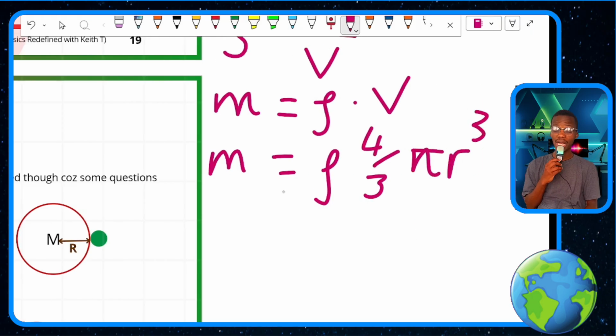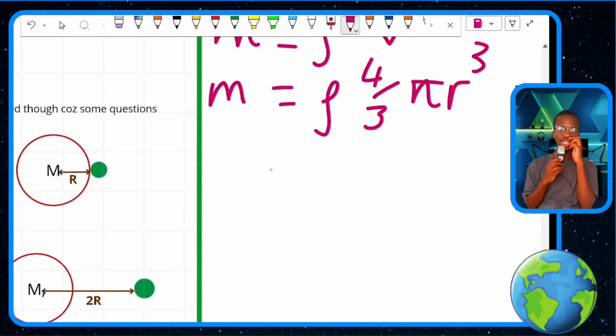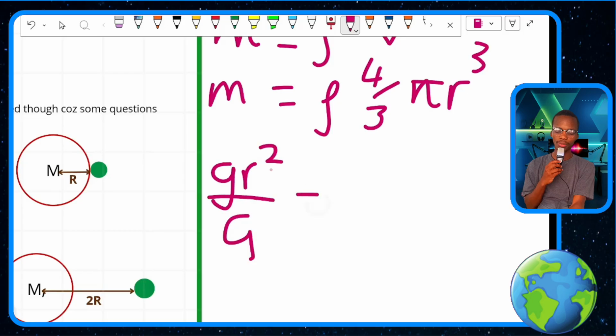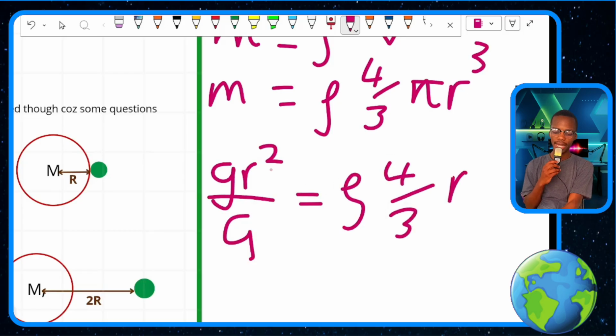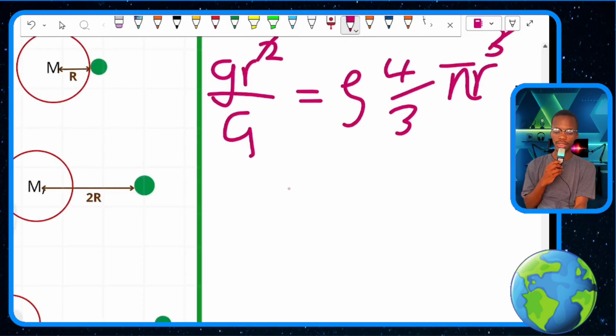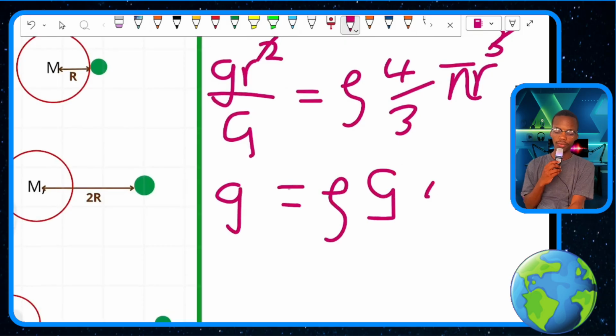Then remember we had g = GM over r squared, so M = g r squared over G, which is equal to the density times 4/3 pi r cubed. So r squared and r cubed, that cancels out, and you're now left with g equal to rho, G, 4/3 pi, times r.